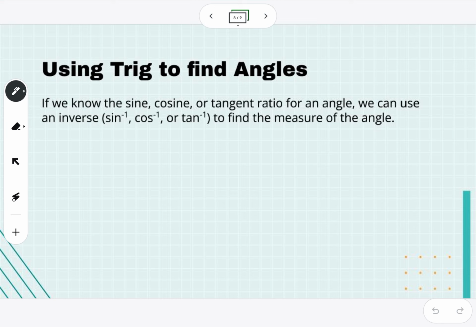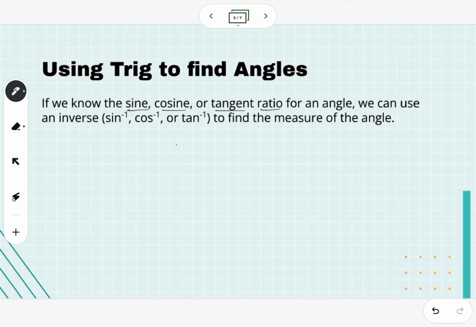All right, we have one more example for you. Another thing we can use trig for is finding missing angles. Think of these as a whole different type of function, basically. So we have sine, cosine, and tangent ratios, SOHCAHTOA.